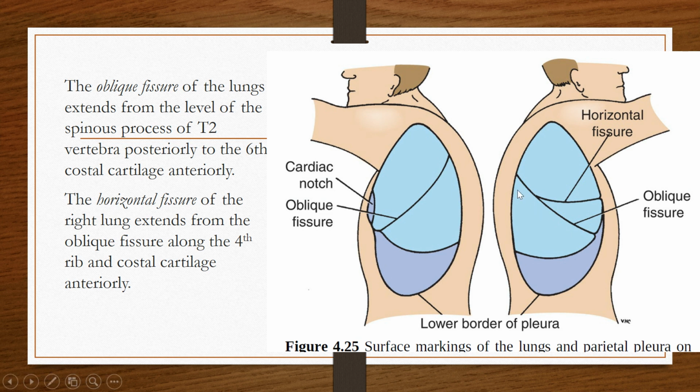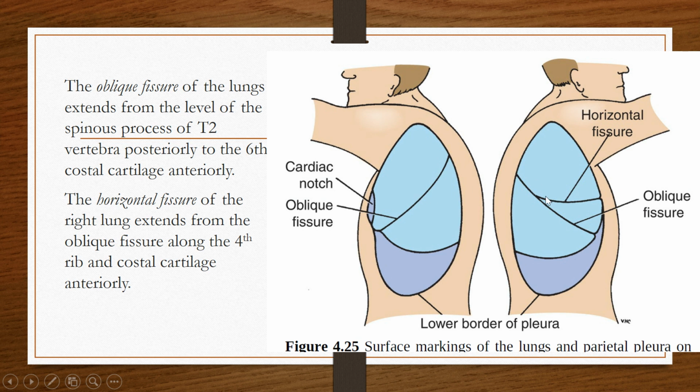I will revise again. The oblique fissure extends from the level of the spinous process of T2 vertebra posteriorly to the level of the 6th costal cartilage anteriorly. It will be the same in the right lung and the left lung, but there is an additional fissure in the right lung, which is called the horizontal fissure.